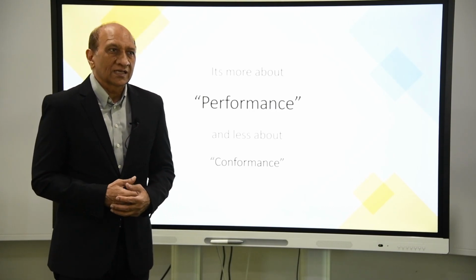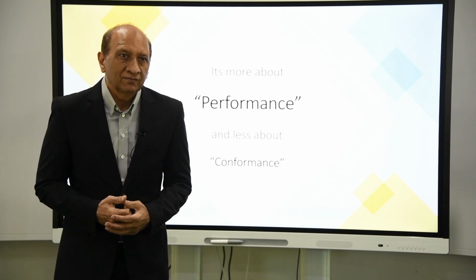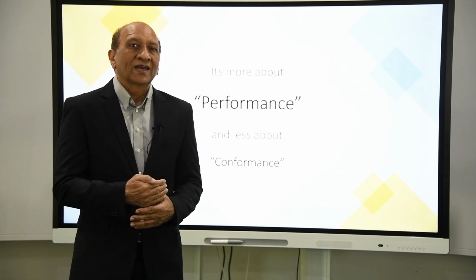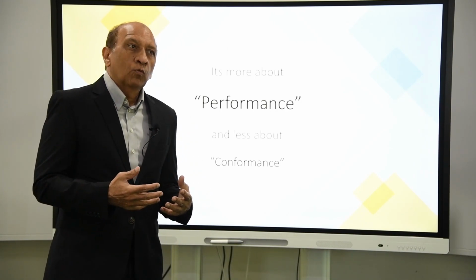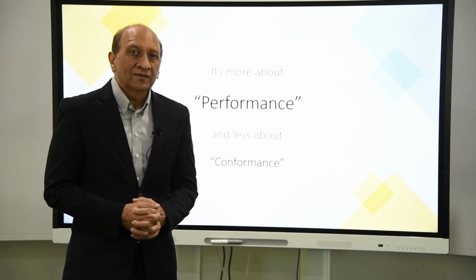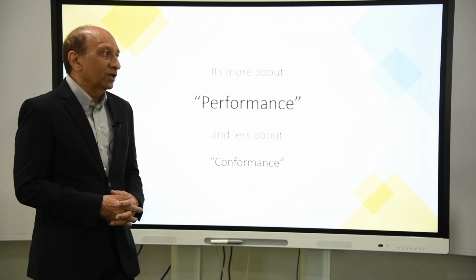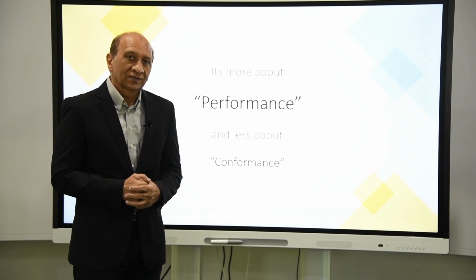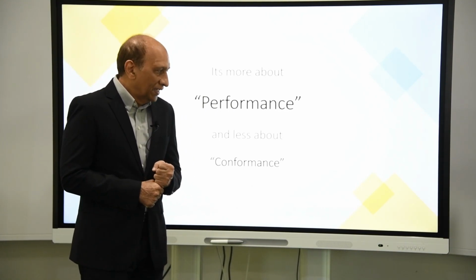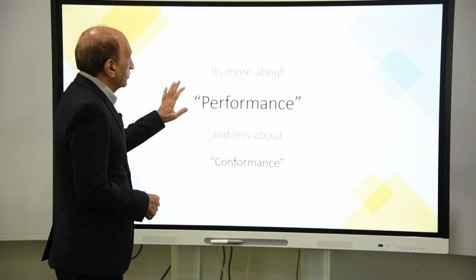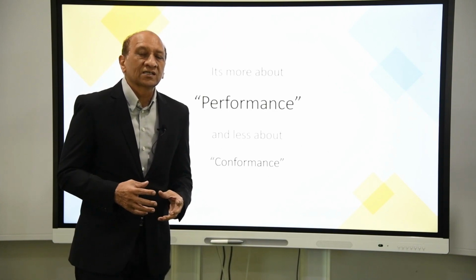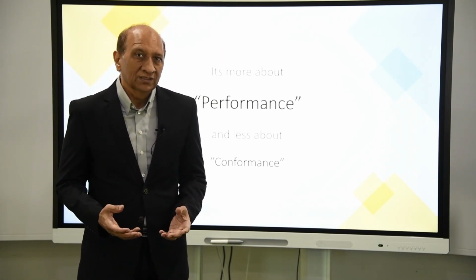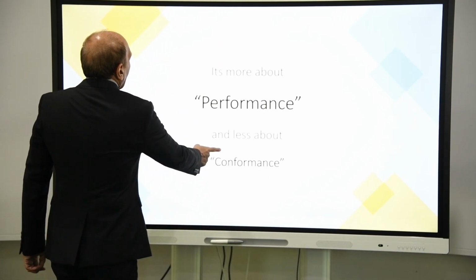When we do conventional, traditional design, we are always focusing on satisfying the code. And that is our objective. We are forgetting what the performance of the structure would really mean if we satisfy or we don't satisfy the code. We talked about that in the other talk. So this is all about performance, and it's less about conformance. And that, to me, is the basic difference between conventional and performance-based design.